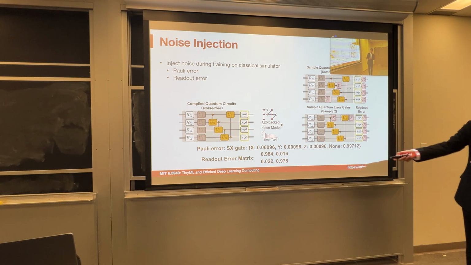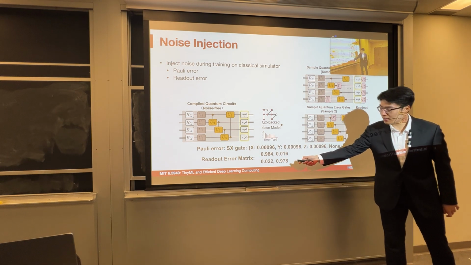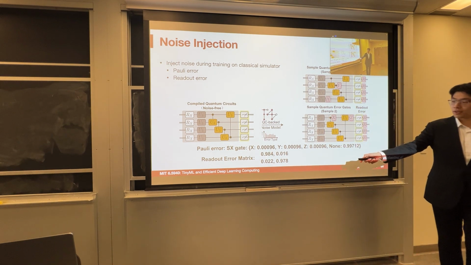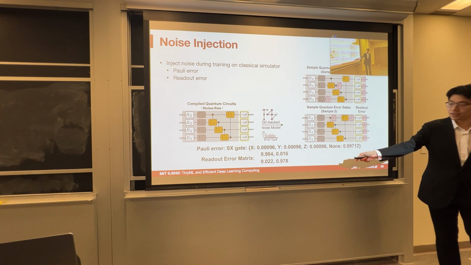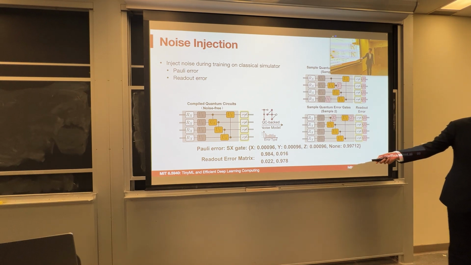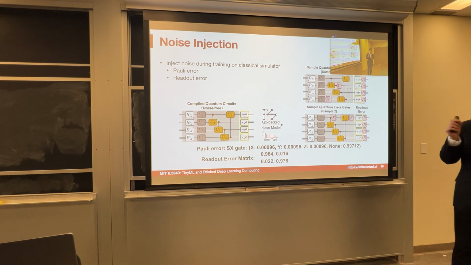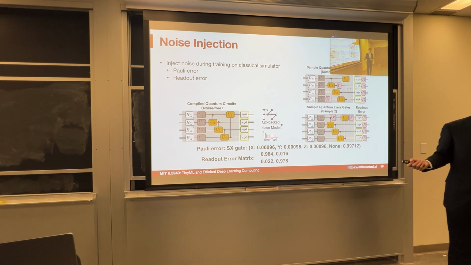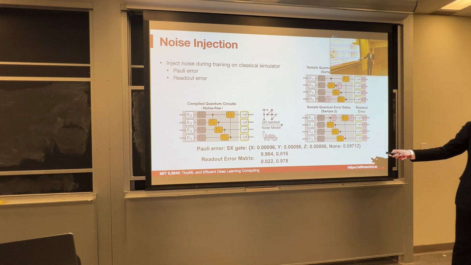So what is the usage of this? The meaning is that the 0.98 on the diagonal says, if the ground truth is 0, there will be a 98% probability that I measure 0, but there is still around a 2% probability that I measure a 0 as 1. So that's the readout error, right? That's a non-negligible value, because this one is typically around 10 times larger than the single qubit error.